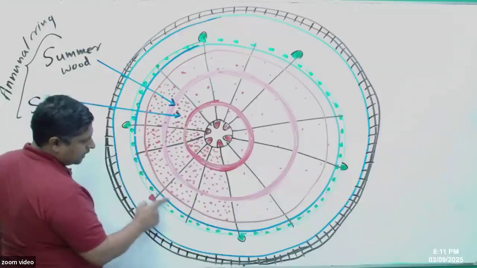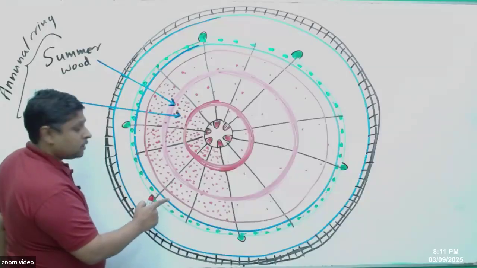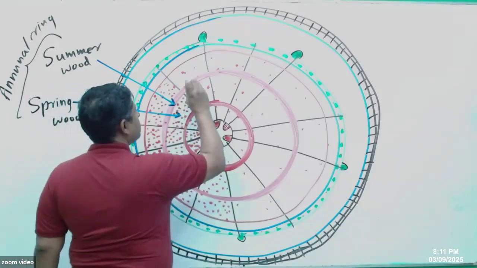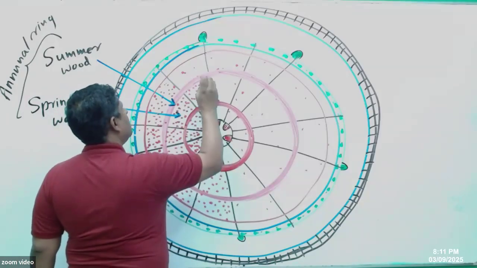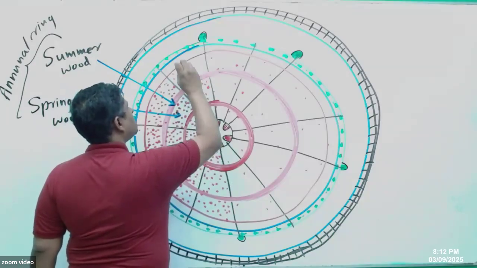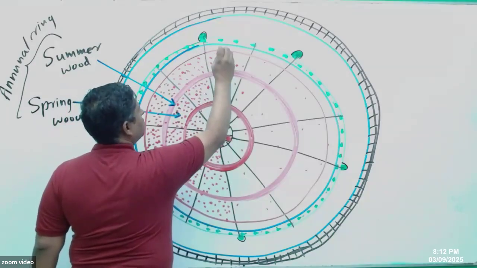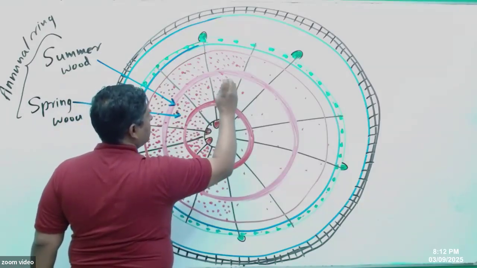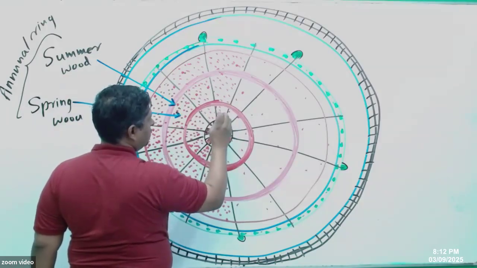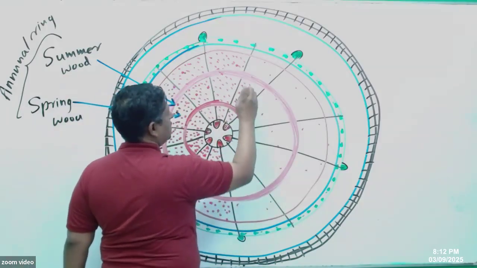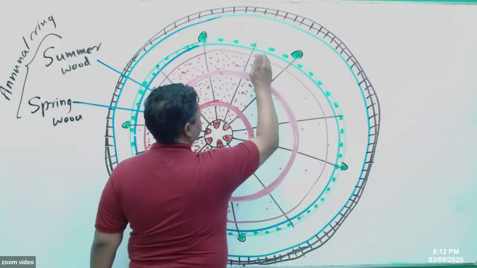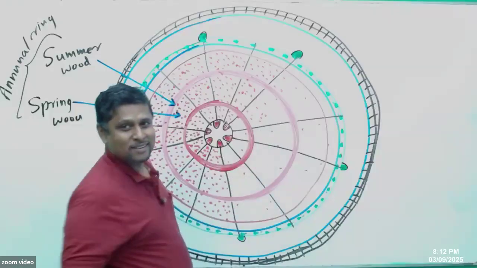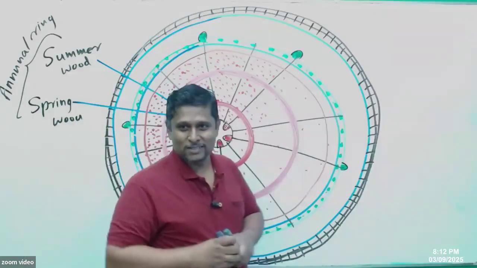And then this relatively light color xylem closer to the vascular cambium is the sapwood. It takes some time for me to put dots all over, and I don't think it's necessary. The point is now clear for you. Okay, no need to put the dots.